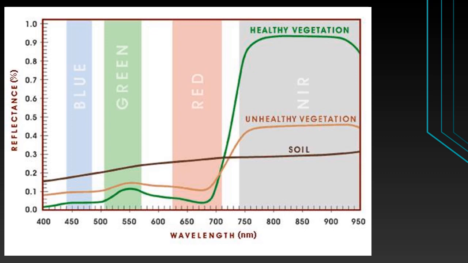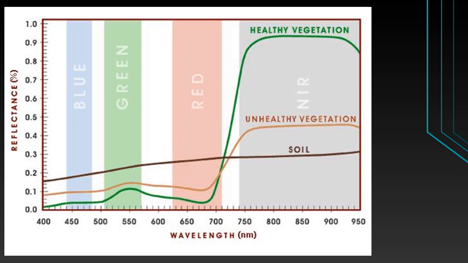Why are we calling it visible? Because this is visible to us. Beyond 700 nanometer, the graph is very high here. You can say 90% reflectance. So which wavelengths are very important to study the vegetation?